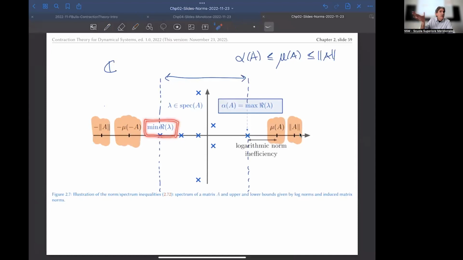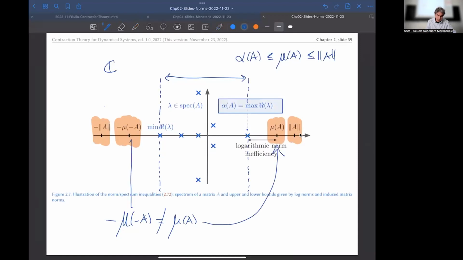The smallest real part of the eigenvalues of the matrix is lower bounded by minus the log norm of minus A. And I mentioned to you, don't make the mistake of writing mu of minus A is equal to mu of A, because this is just wrong. In fact, in this picture, you see that mu of A is here and minus mu of minus A is there. So they're literally very different.